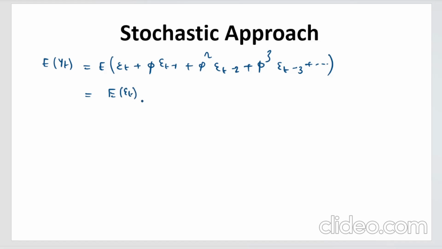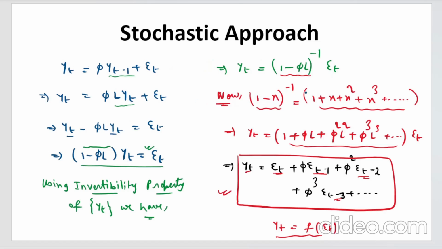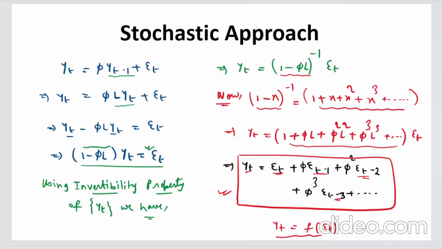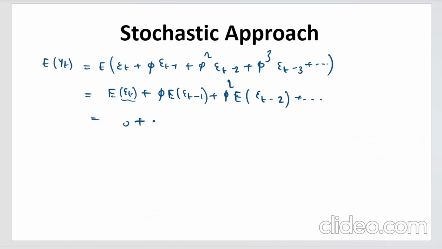What is the expectation of epsilon t? This thing is 0, from this property, it follows normal(0, 1). So the expectation value is 0, plus phi into 0, plus phi squared into 0. So everything is 0 and the expected value of y_t is 0.